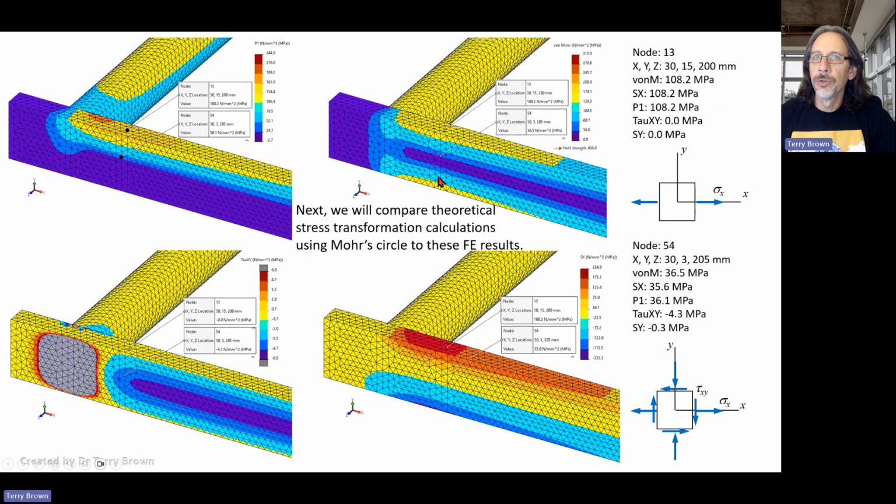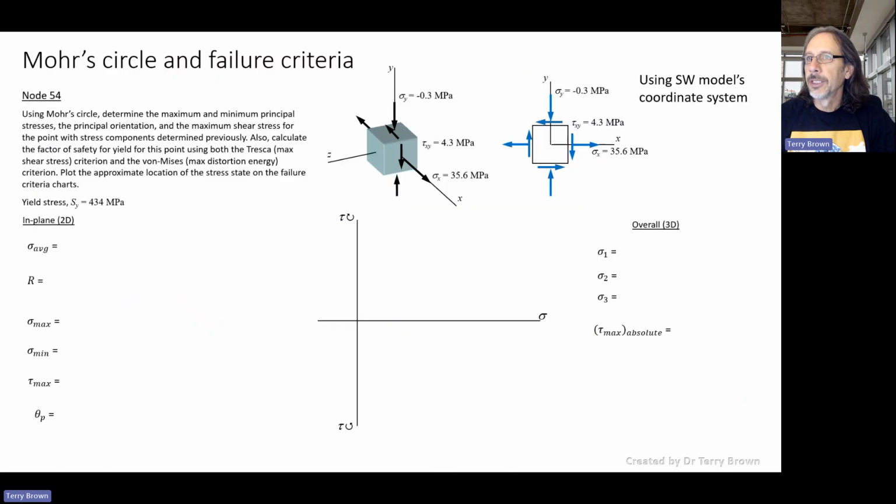We're going to use some of the FEA results I've obtained from my SolidWorks simulation model as the inputs to the stress transformation and Mohr's circle example problems, and see if we can get our Mohr's circle transformations to correlate with our FEA results. So let's jump to that.